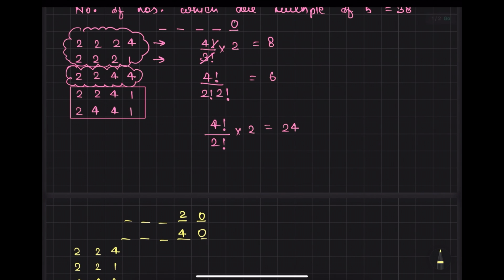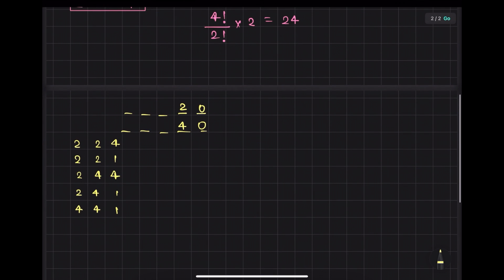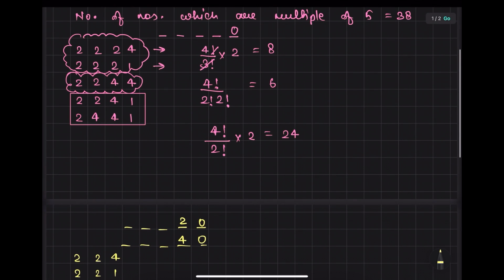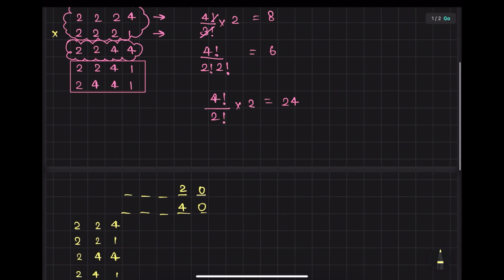Now for 40, you have used 4 and 0. So this case will be rejected and the remaining are valid. If you are considering 40, for this case you will have 2, 2 and 2.